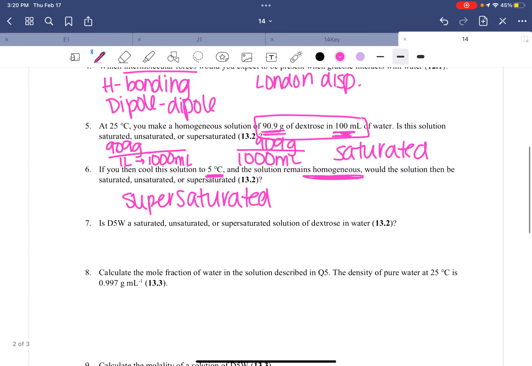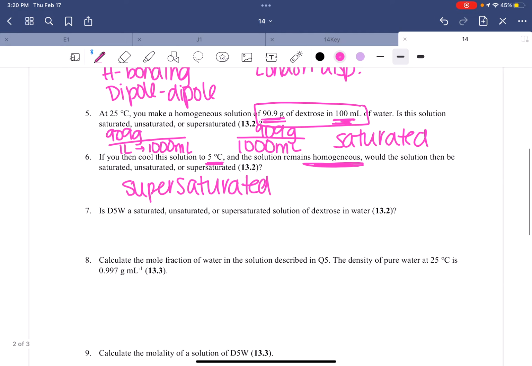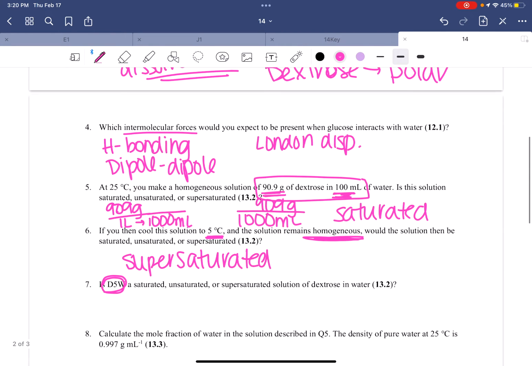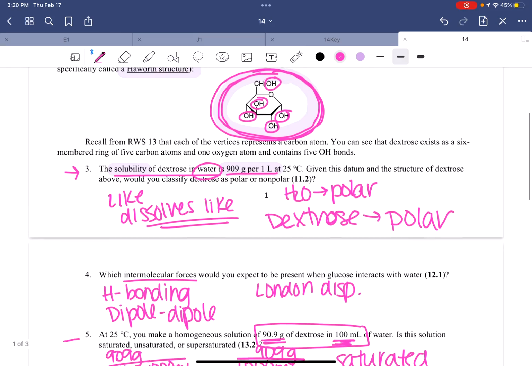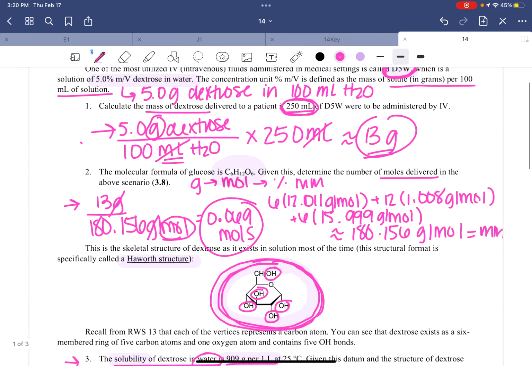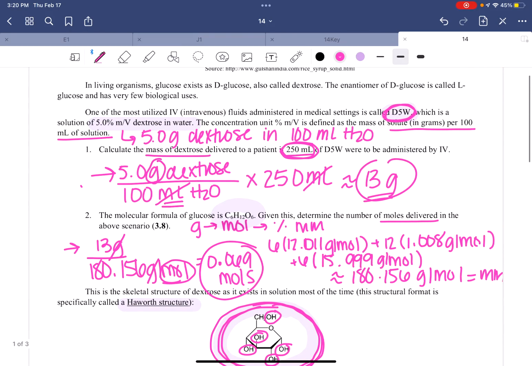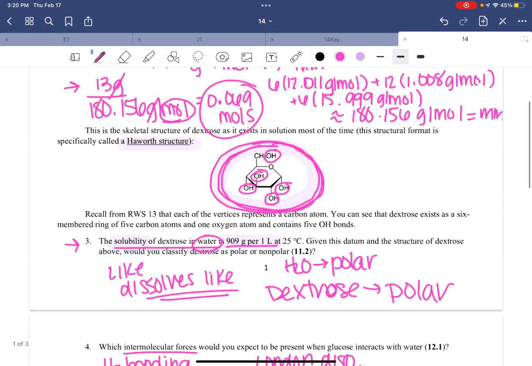And then number 5 is asking about the D5W solution. So this is a little bit different than the other solution from question 5 here. So if we go back up to the information from the D5W solution, it's 5 grams of dextrose in 100 milliliters of water.